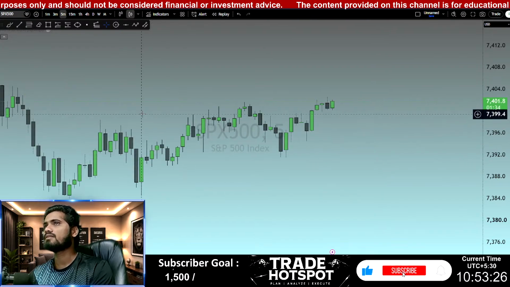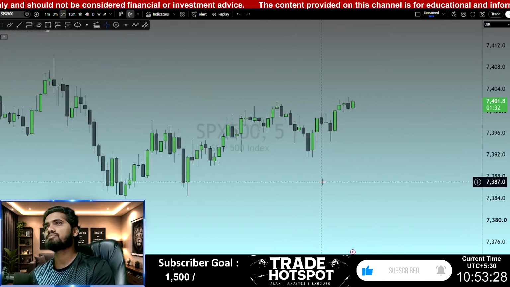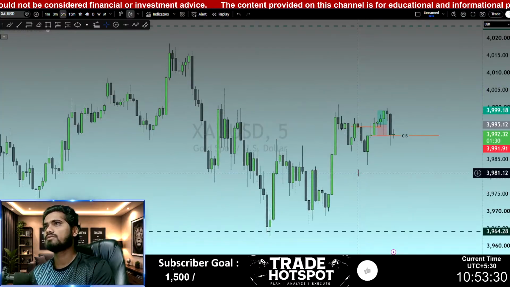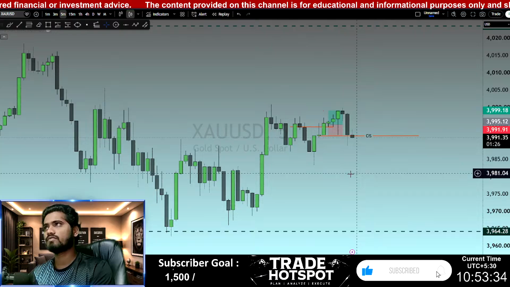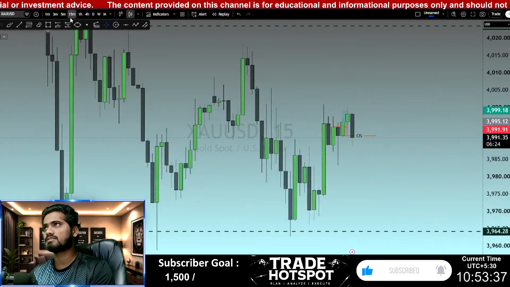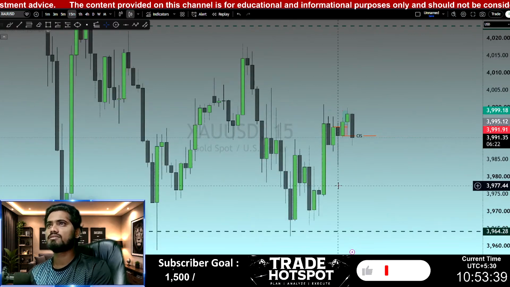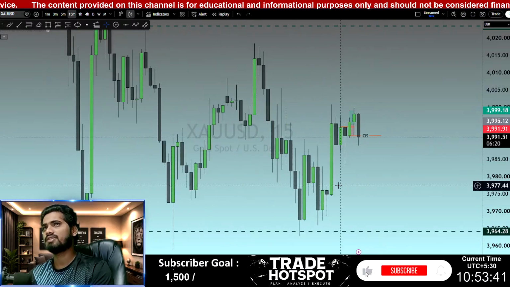Same thing in US 500 also. So currently we are ignoring US 500 and NASDAQ. We want a retracement here in the NASDAQ.